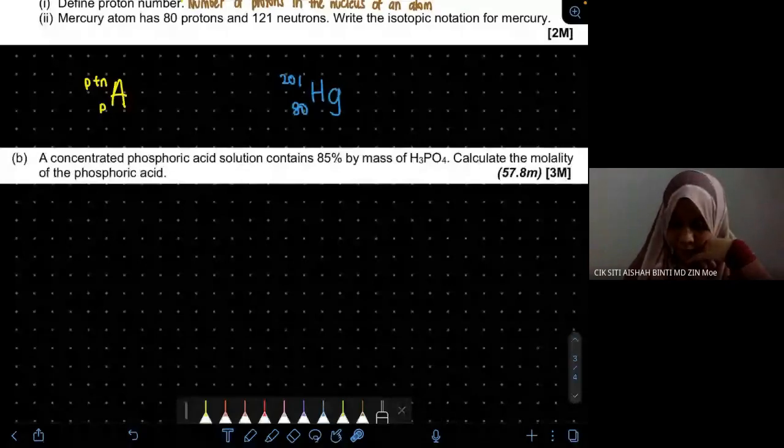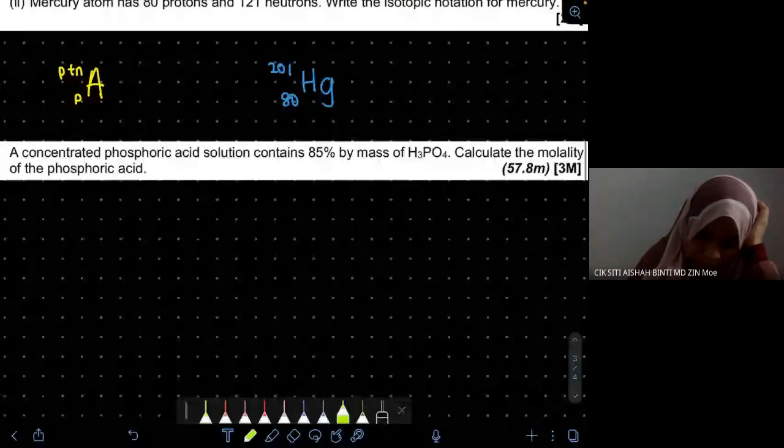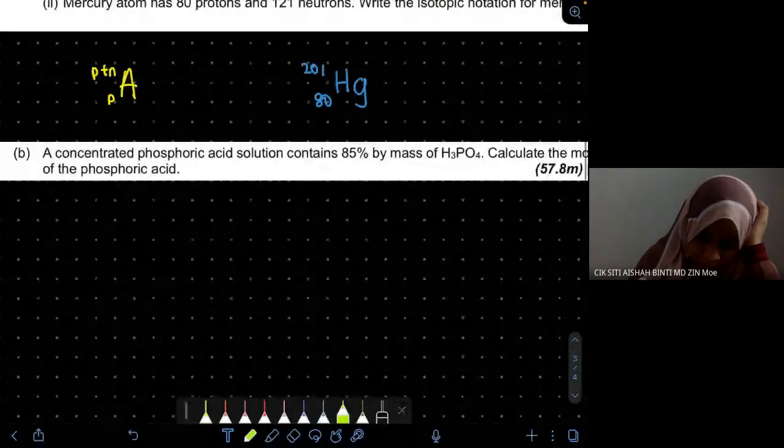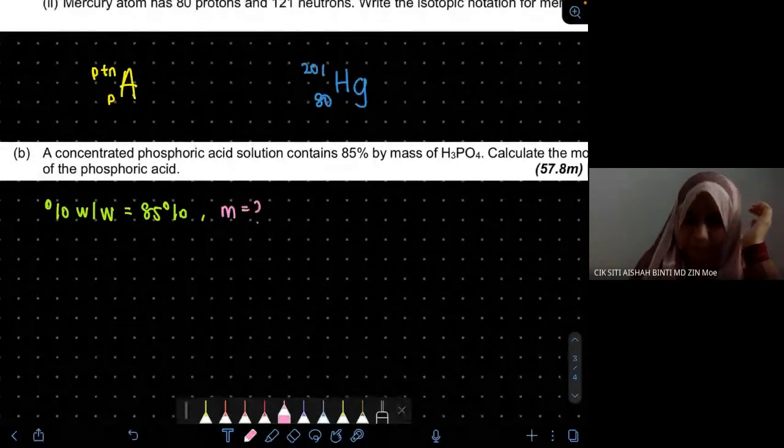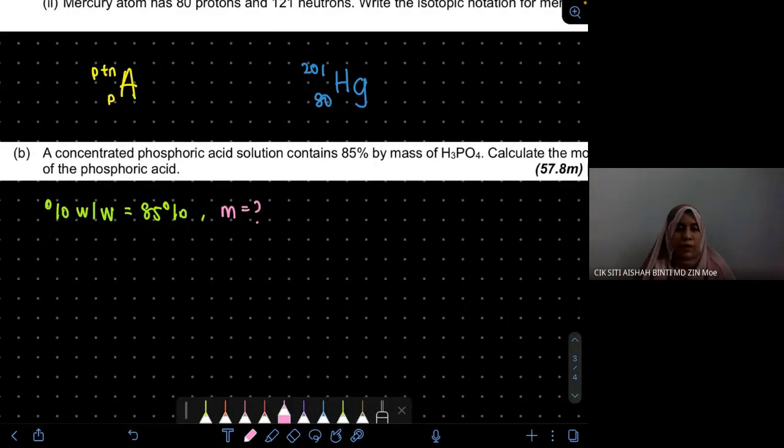So the first step is to write out the percentage by mass, which is 85%. The question asks what the molality is. So the first step is to extract the information.